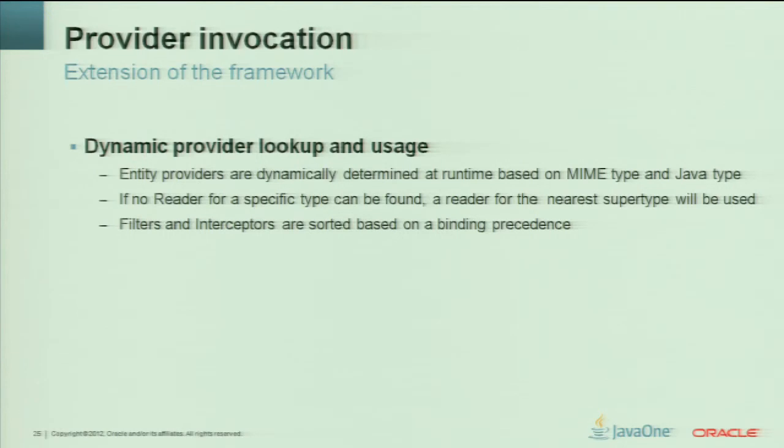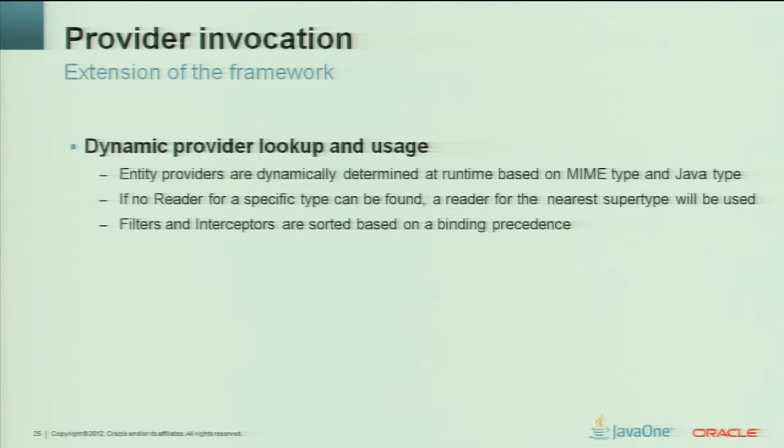And this is extensible, so if no reader for a specific type can be found, say you try to receive some kind of second version of a user class, and no reader is in the system for this specific subclass, there's a mechanism to find and use the reader for the nearest supertype. So it's a common mechanism to always use the best possible matching reader to read the response and to process the message.